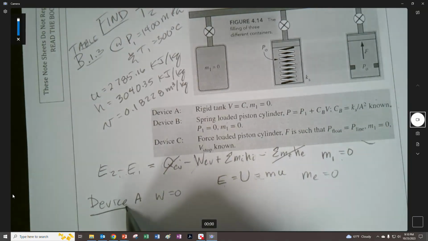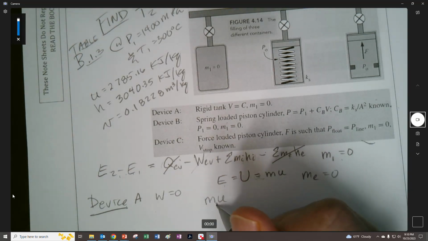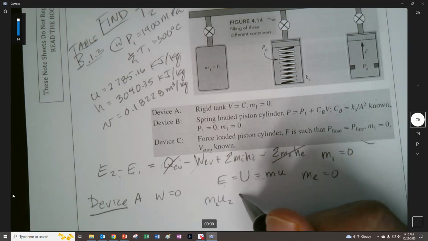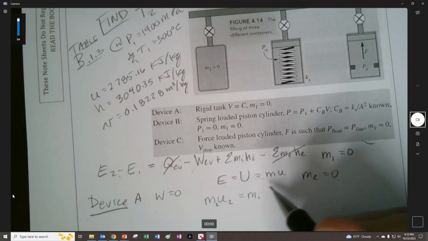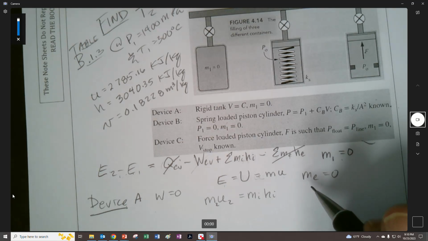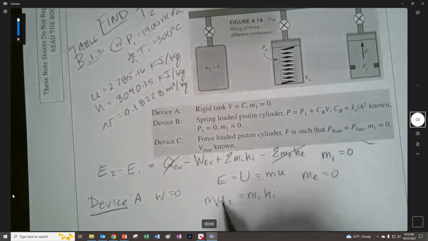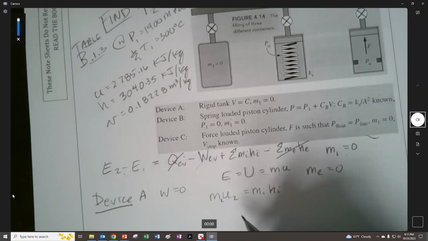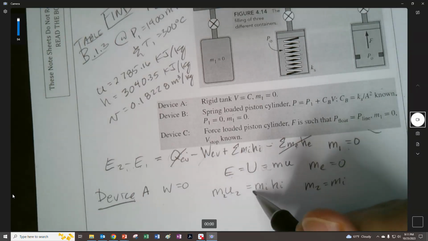So what we're left with in this device is M2 U2 is going to be equal to MI HI, the enthalpy entering. So therefore, what we will find here, and you know that M2 is equal to MI, so these are going to cancel out.